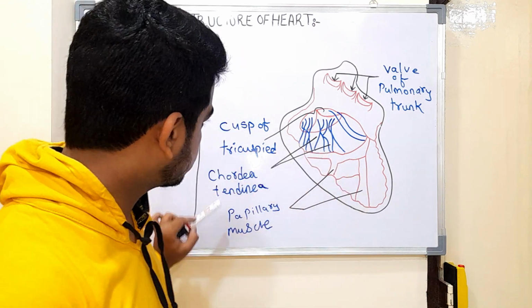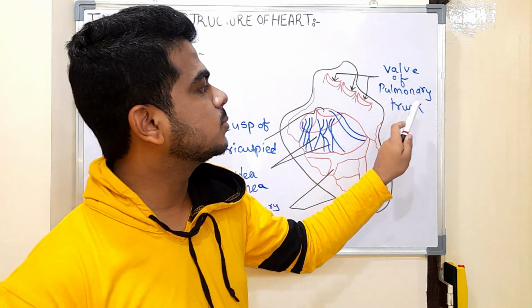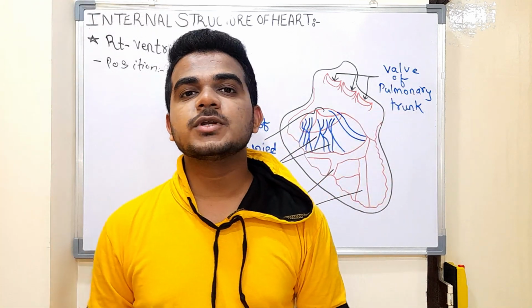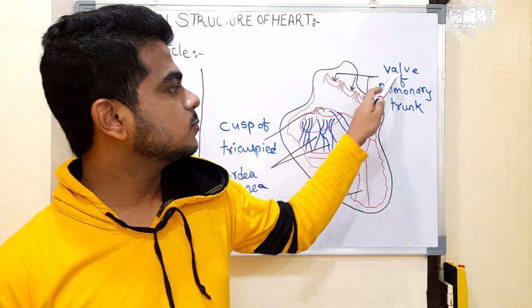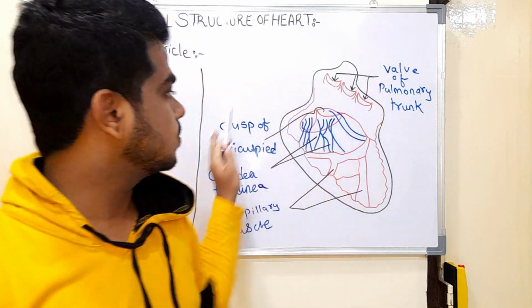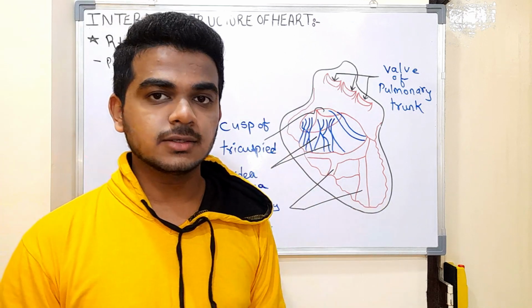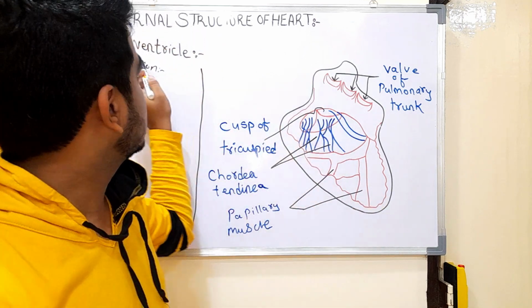So these three structures are present. Then the valve of the pulmonary trunk, which also prevents the backflow of the blood. So this valve is present. These 4 points you have to write under the right ventricle.